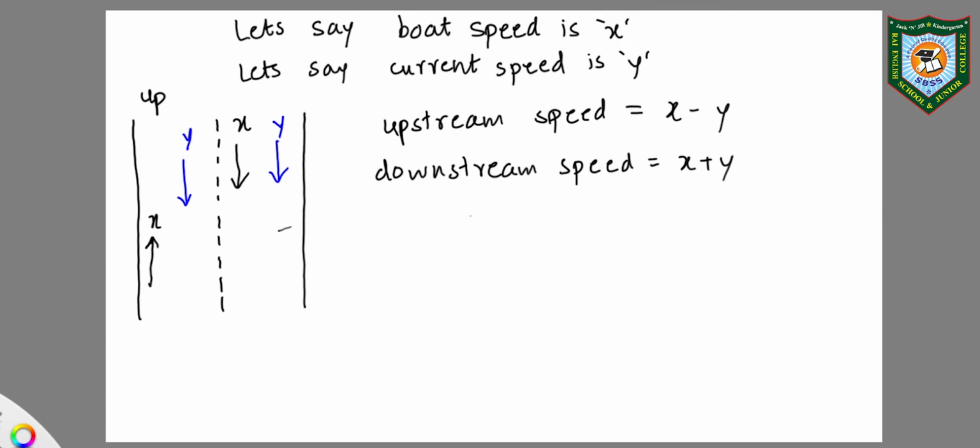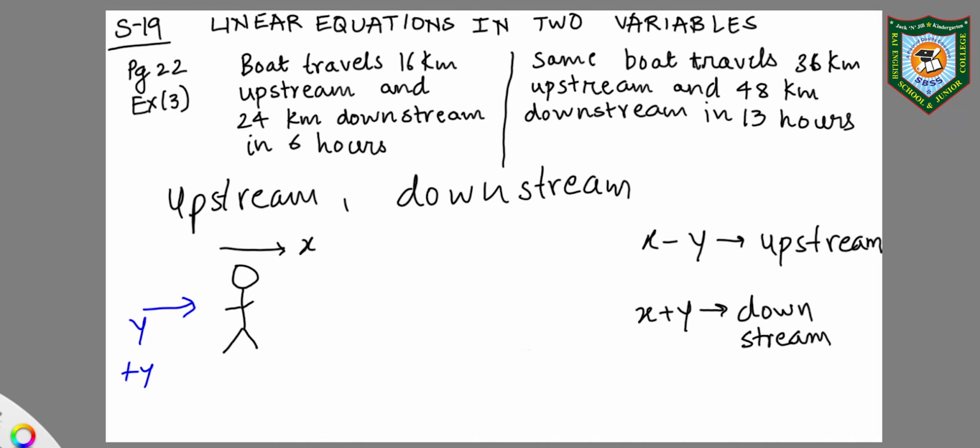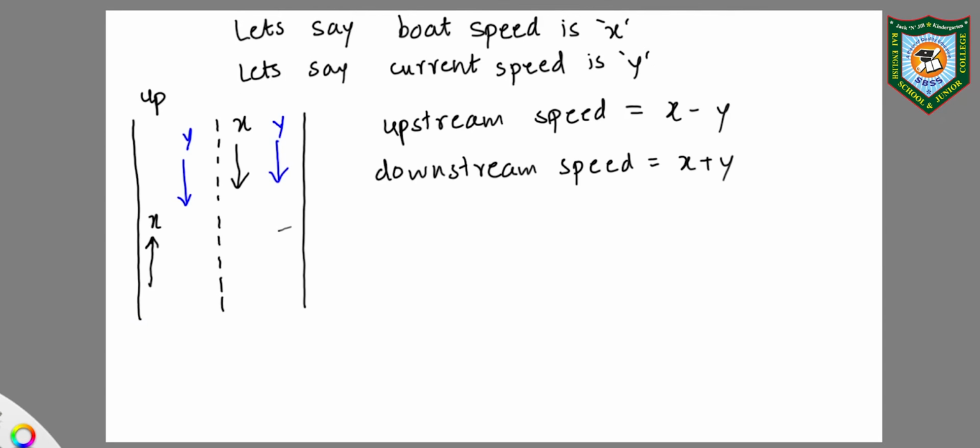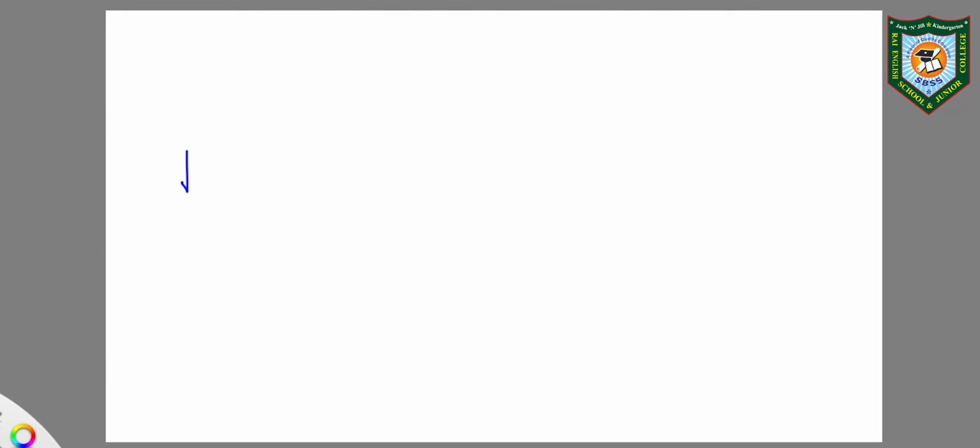Now coming back to our statement, our first statement says that the boat travels 16 kilometers upstream and 24 kilometers downstream in 6 hours. So let's try to evaluate this. That means I'm going 16 kilometers in this direction, so this is 16 kilometers, and then I'm going 24 kilometers in this direction.